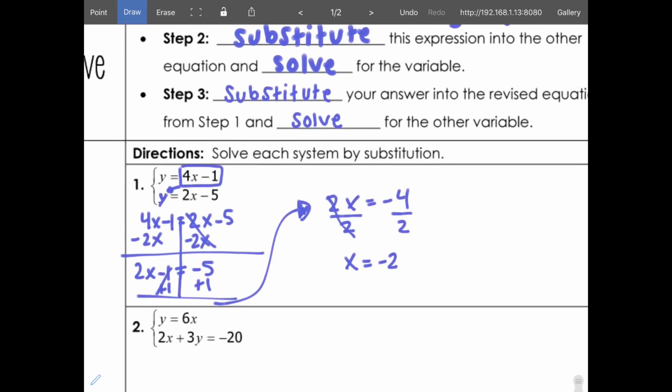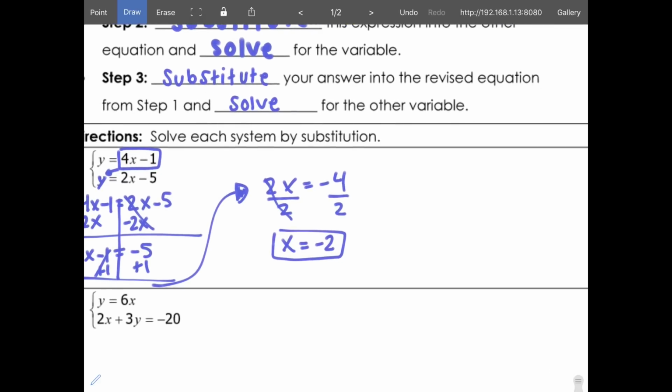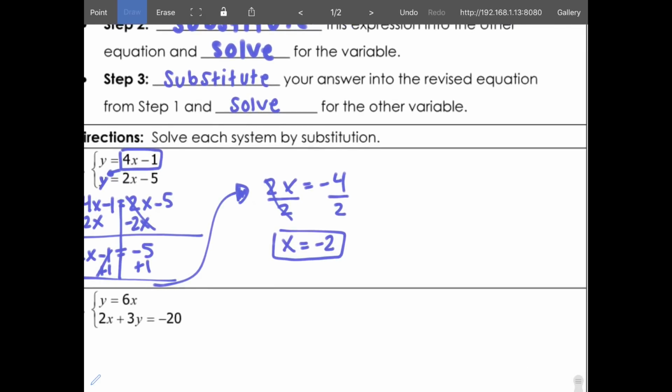Step 3, it says substitute your answer into the revised equation from step 1 and solve for the other variable. You can plug this x into whatever equation you want, whichever one looks easier. Both of them look equally easy, so I'm going to choose the first one.